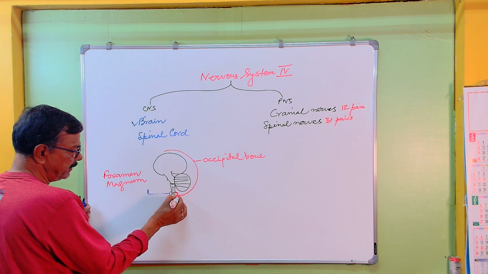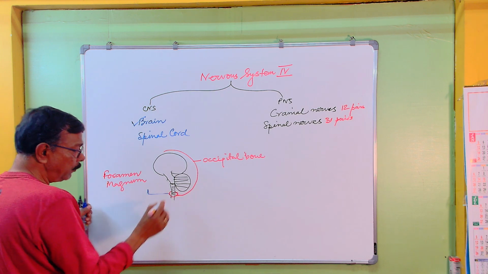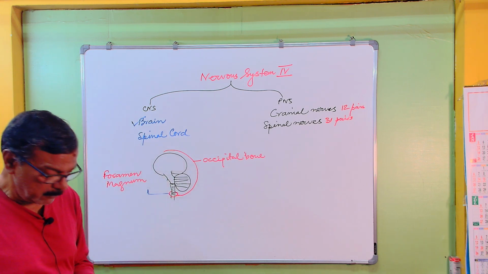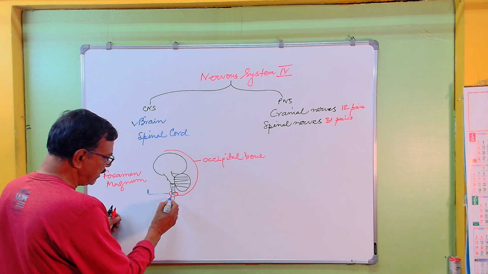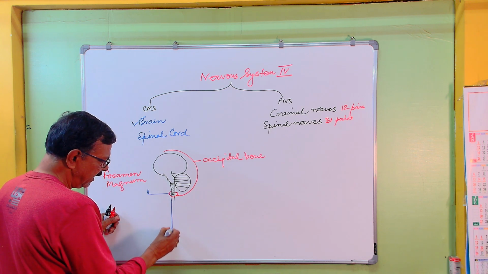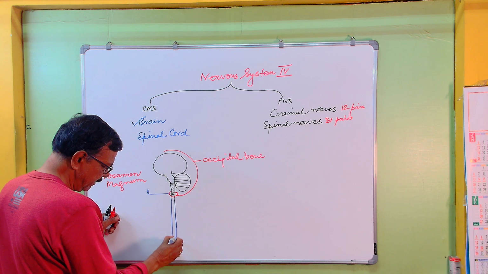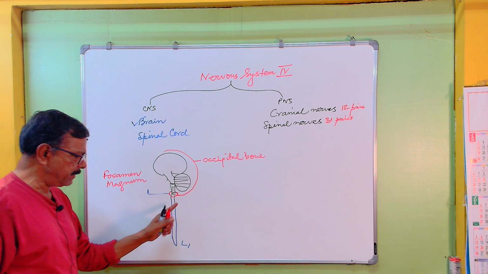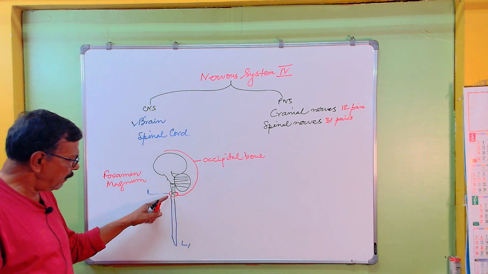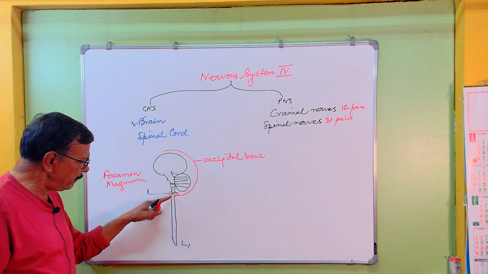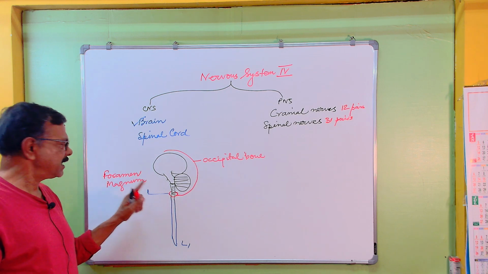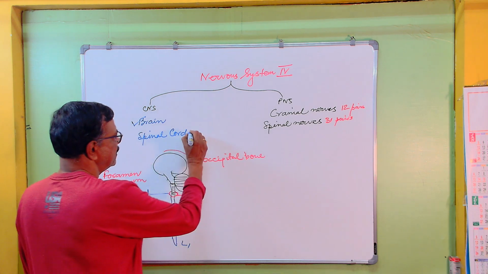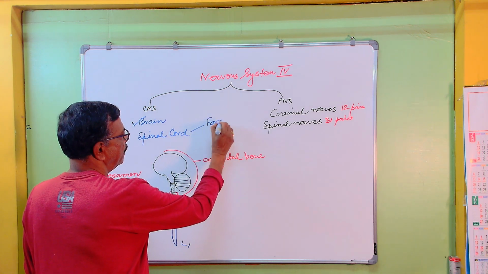This is the opening of the occipital bone, through which the brain comes out as the spinal cord. So the spinal cord starts from here, from the foramen magnum.